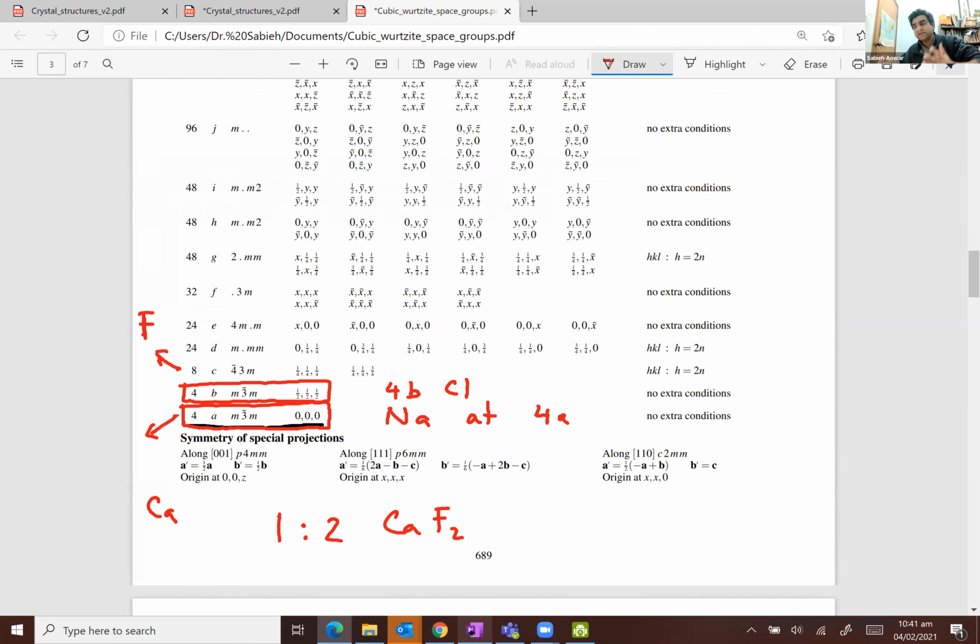So you do any of the symmetry operations you can think of in this space group, a 4A atom will go to another 4A atom. It will not jump out of this subspace. So M3 bar M is a subgroup of the space group, and these special locations are members of the subgroup as well.